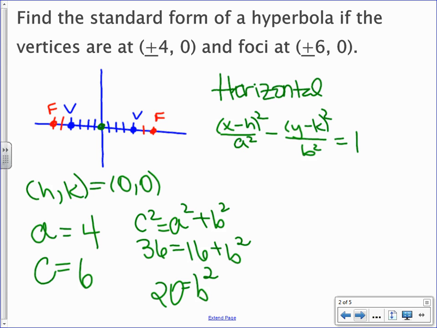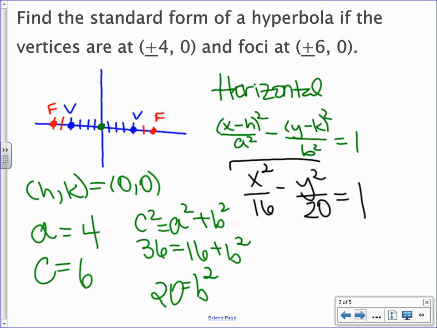So (x − h) squared and (y − k) squared would look like that. What goes underneath x squared? And underneath y squared? Don't forget equals 1.